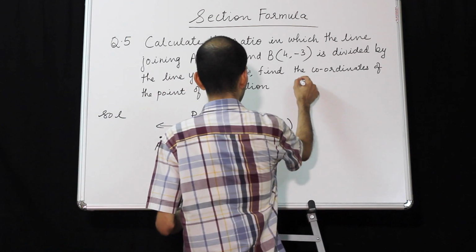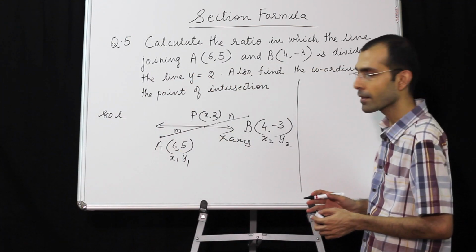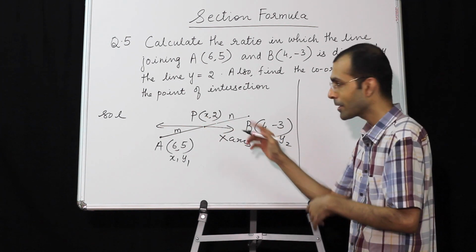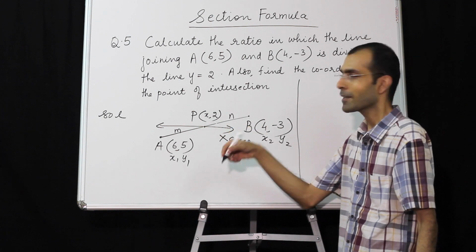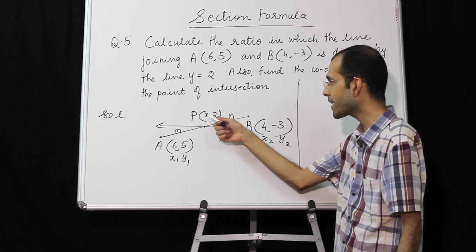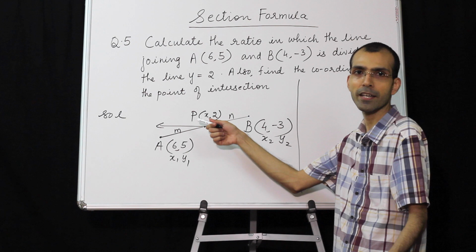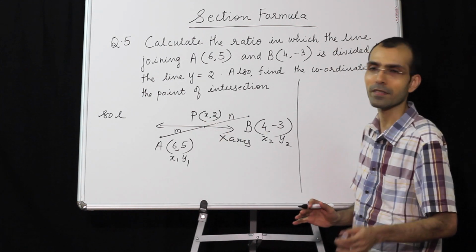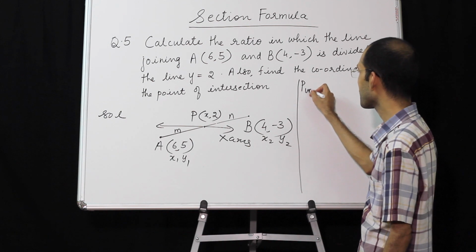Now that we want to find the ratio, with what should I start, Px or Py? Py in this case, because if you start with Px, Px is unknown, that is x, and the ratio is also unknown, so too many unknowns. So you start with Py.